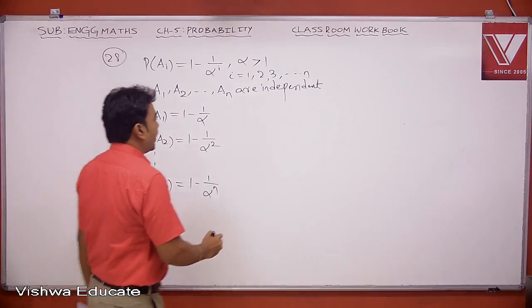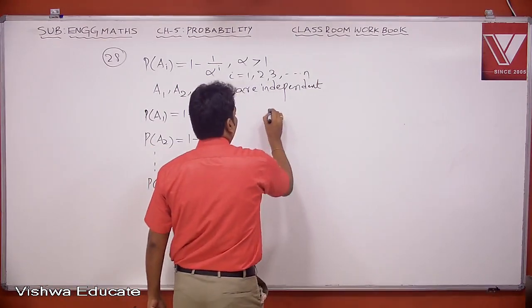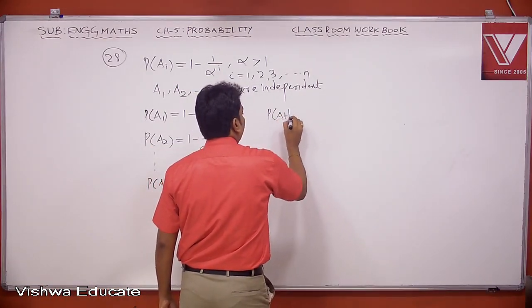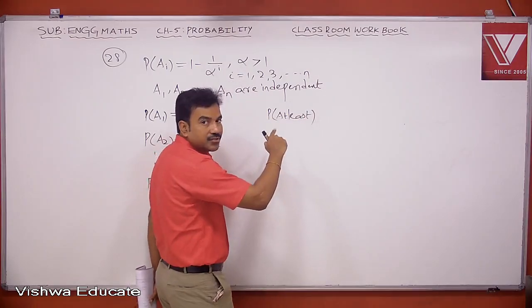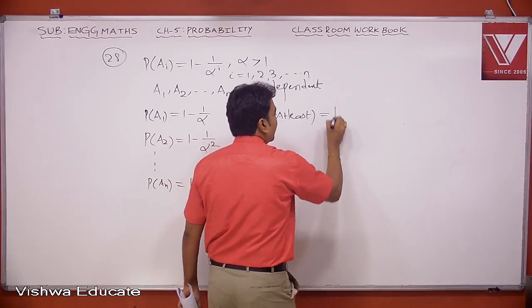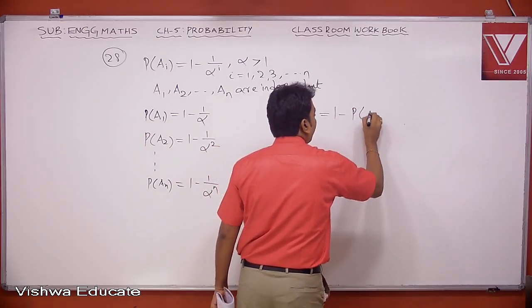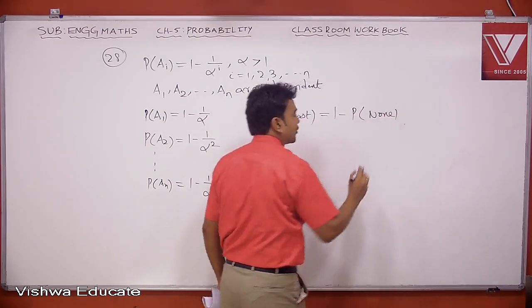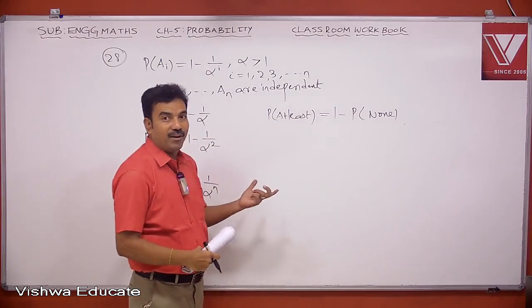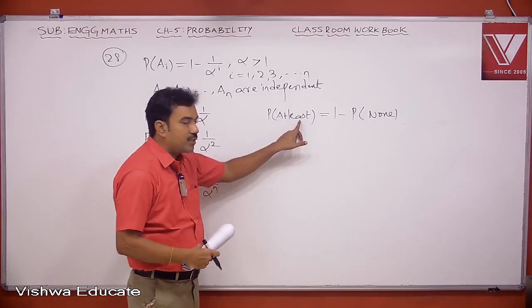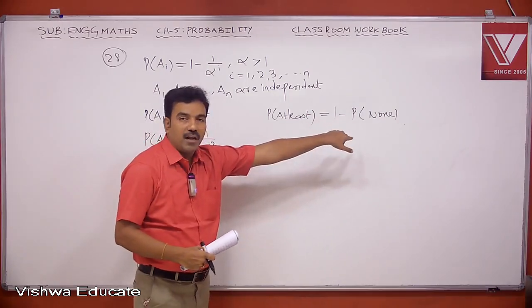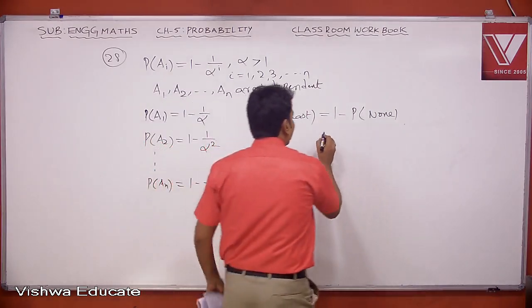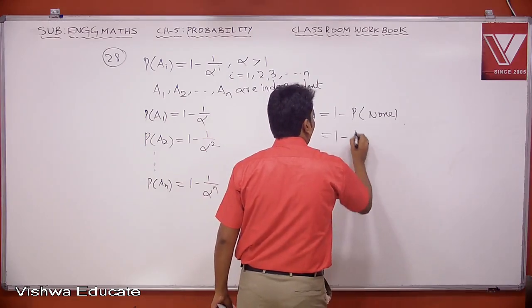So we need to find the probability that at least one of the events occurs. This can be written as 1 minus P of none of the events occurs, just as a complementary event. Probability of at least one event occurring is 1 minus P of none of the events occurring.